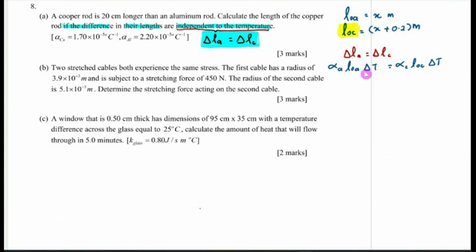Untuk kedua-dua material ni kita consider dia sama lah. So T final tolak T initial, delta T ni, dia mesti sama.